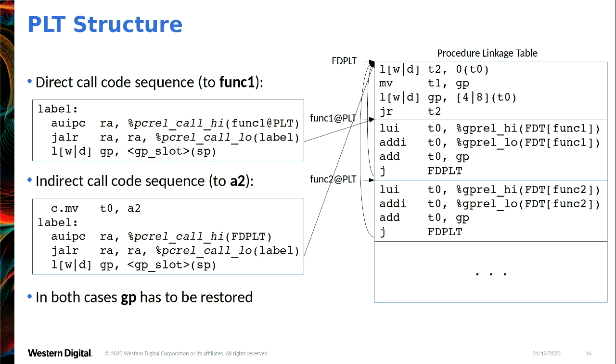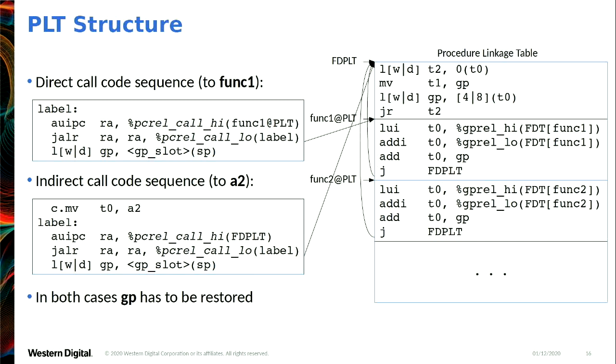We define new sequences to make calls via the PLT, both the direct call code sequence and the indirect call sequence. The PLT slots are 4 instructions each, which makes it 16 bytes.